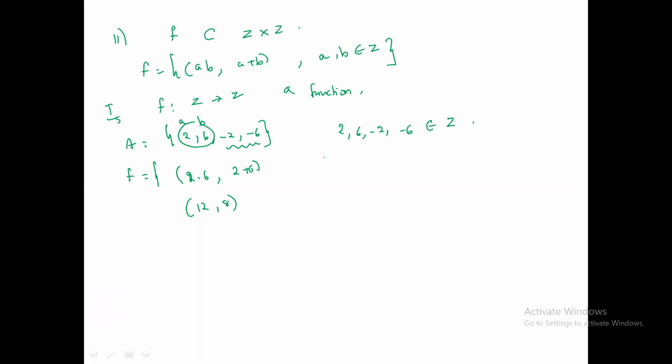Similarly, if you take minus 2, minus 6, you will have minus 2 into minus 6 and minus 2 minus 6. That is, you will have 12 and minus 8. So what is happening? X is repeating. That means it is not a function.